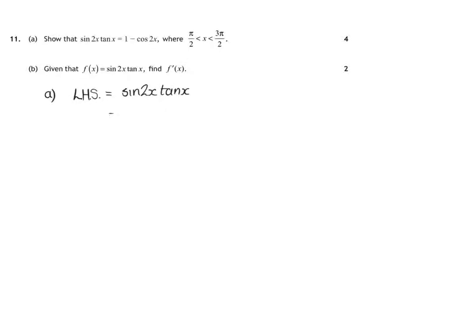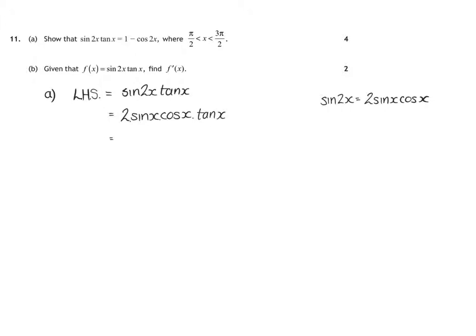Right, so sine 2x we know is 2 sine x cos x, that's on our equation sheet. So we have 2 times sine x times cos x times tan x. Right, so we're getting a little bit closer, maybe.